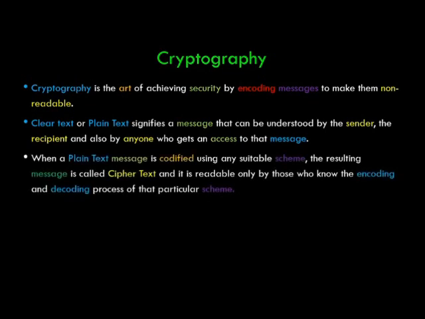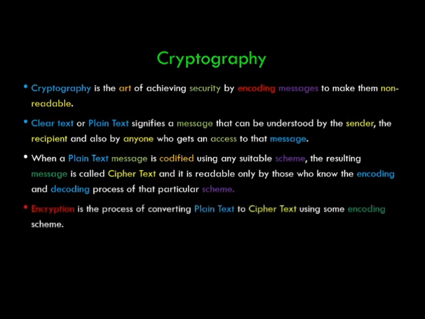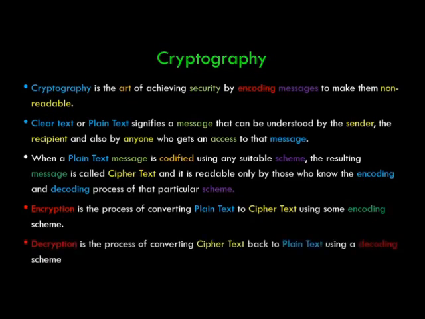When a plain text message is codified using suitable schemes, it can be hidden. Encryption is the process of converting the plain text into ciphertext, or we can call it encoding schemes, while decryption is the process of converting ciphertext back to plain text using the key.